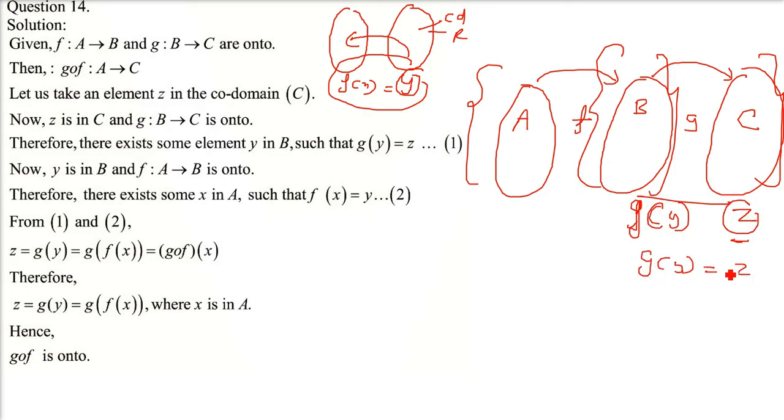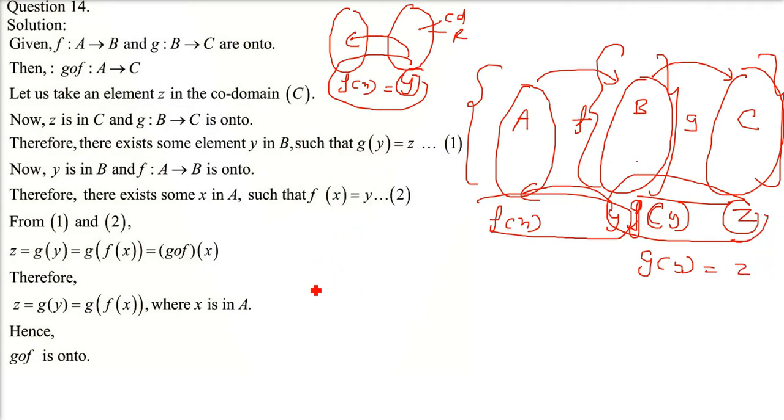Now come to A to B. Now I am taking function f. Again there will be some value in B which will have some image in A. Every value in B will have some image in A. So some y, if you take some y, it will have some f(x) in A. So f(x) equals y.